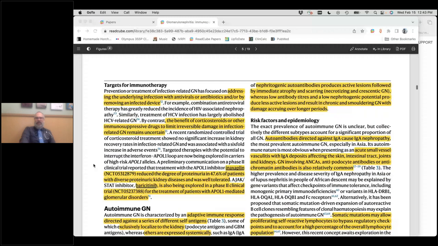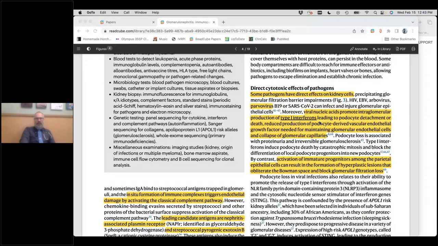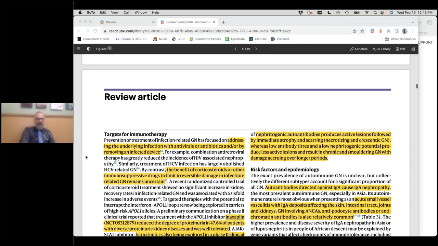So it goes through some of the pathogenesis of how pathogens, and a lot of these are viral infections, can trigger immune activation within the glomeruli, and we'll skim through that. And then they go through the targets for immunotherapy.